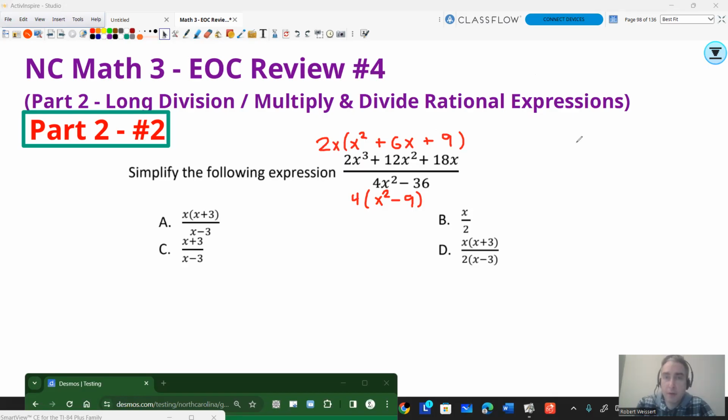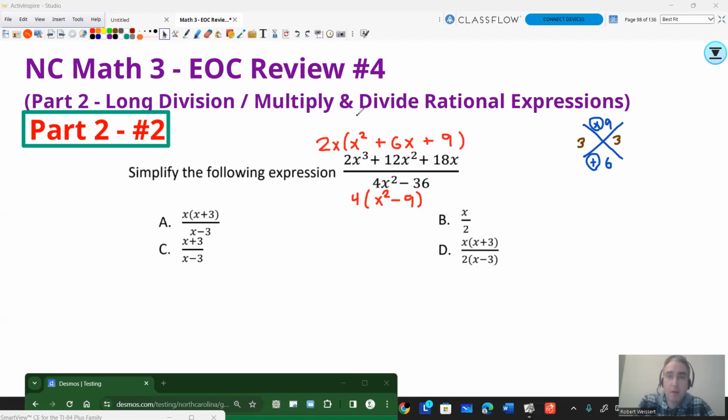If you don't remember some factoring rules, for a simple trinomial like this, you just want to look at the middle number and the last number. The last number is going to be, what can I multiply to give me 9? And then what same numbers can I add together to get me the middle number, in this case 6? So it turns out that 3 times 3 and 3 plus 3 will do the trick.